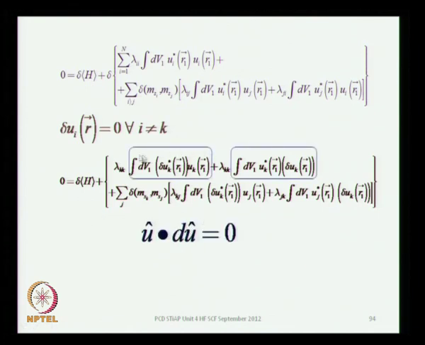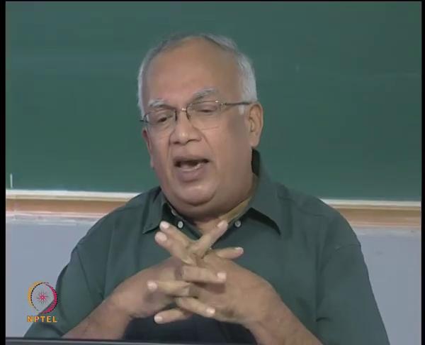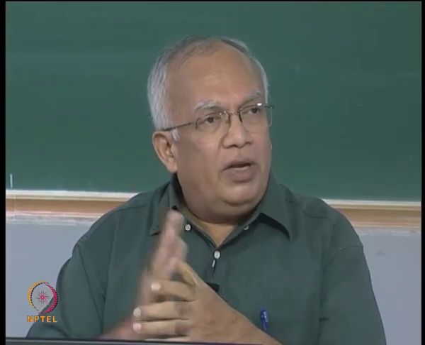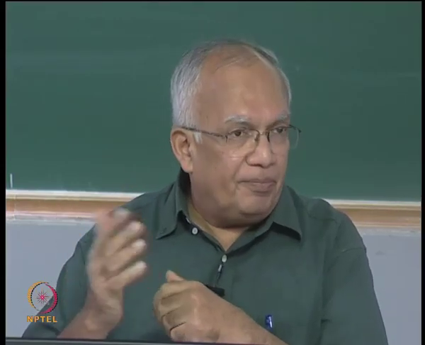Now, notice that if you look at these terms, this is a variation in the kth orbital, and in the Dirac notation or in the vector notation, this is completely like the inner product of a unit vector with its change.